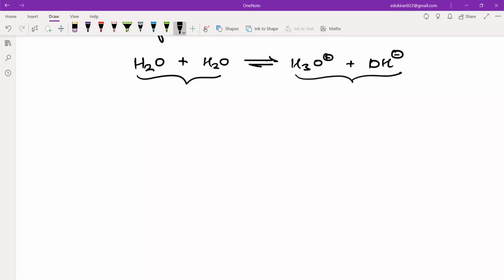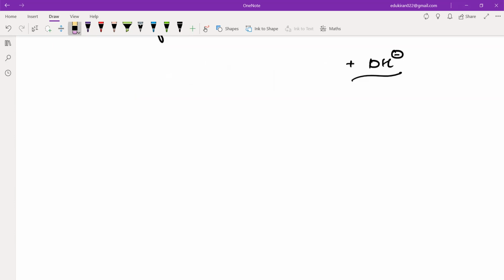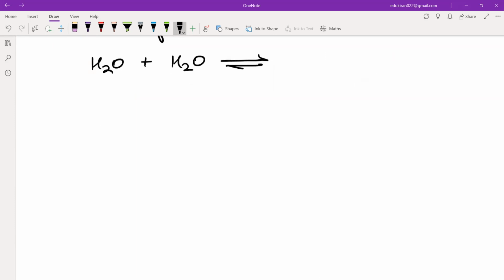So if I talk about the concentration of... wait a second. We have this reaction: H2O plus H2O giving me H3O positive plus OH negative.